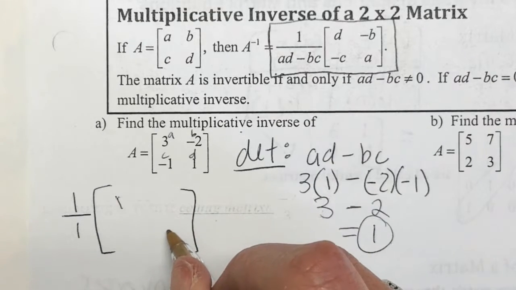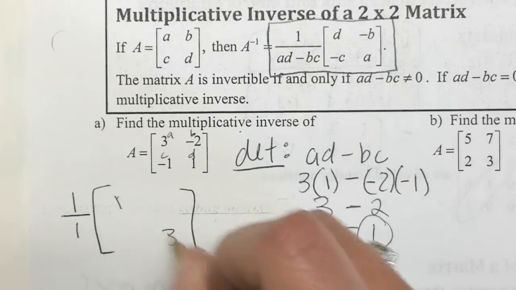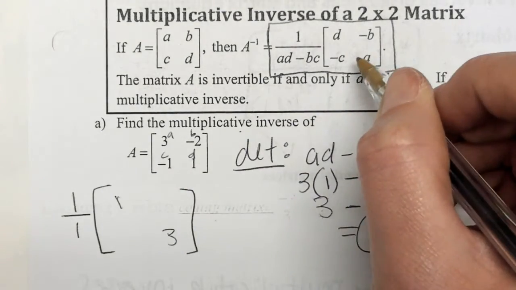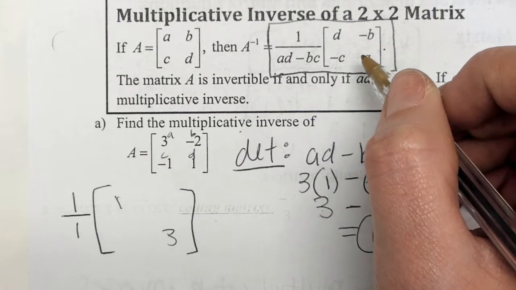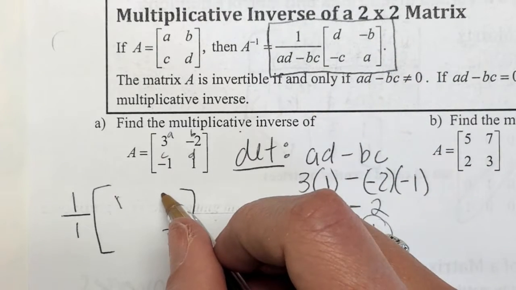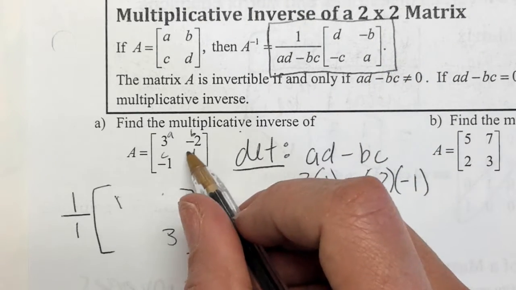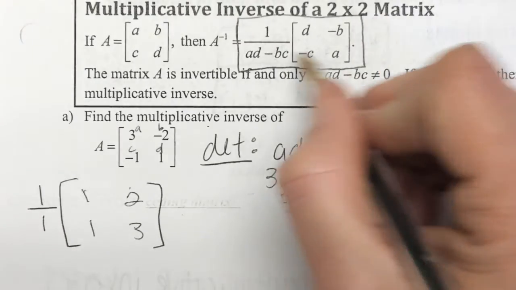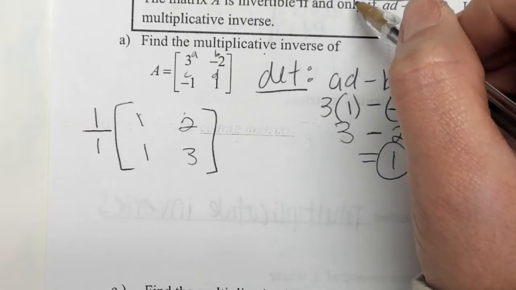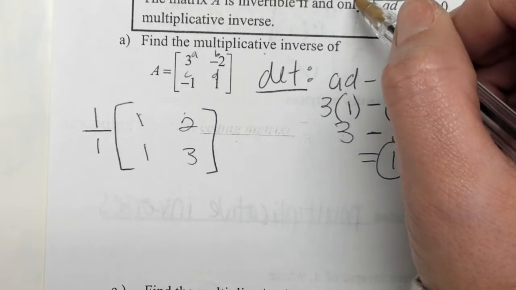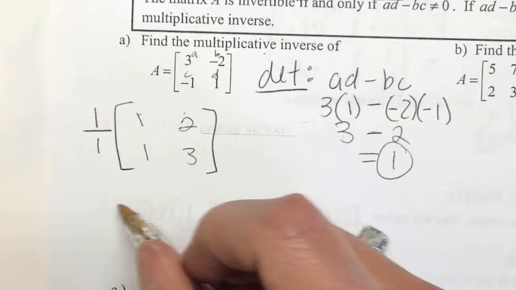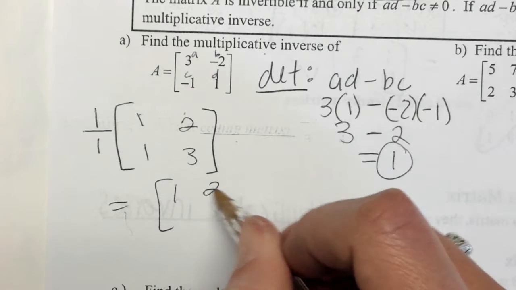And here? 3. You just swap these two. And then B and C, they left the same, they just changed the signs. So this one's supposed to be what? 2 and 1. And all you do from here is multiply these, which in our case is super easy because our determinant is just what? 1. So the inverse of this matrix is 1, 2, 1, 3.